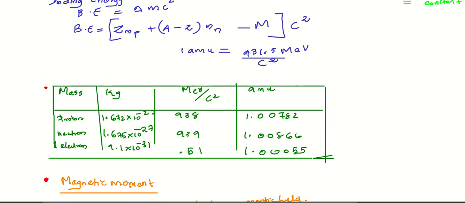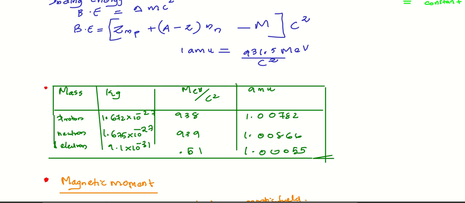Also, we have to familiarize with the proton, neutron, electron and also their masses. 1.672 into 10 raised to minus 27 kg for proton mass. In MeV by C square, 938. In AMU 1.00782.